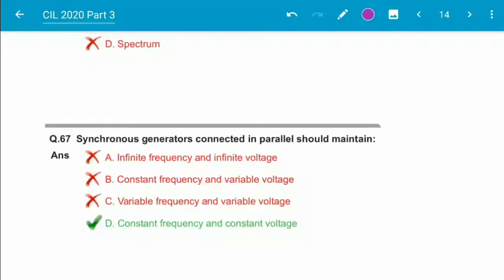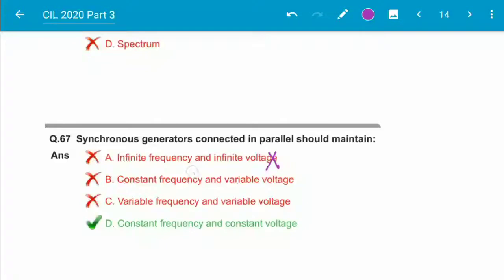Synchronous generators connected in parallel should maintain: option A, infinite frequency and infinite voltage; option B, constant frequency and variable voltage; option C, variable frequency and variable voltage. Option A is totally wrong.